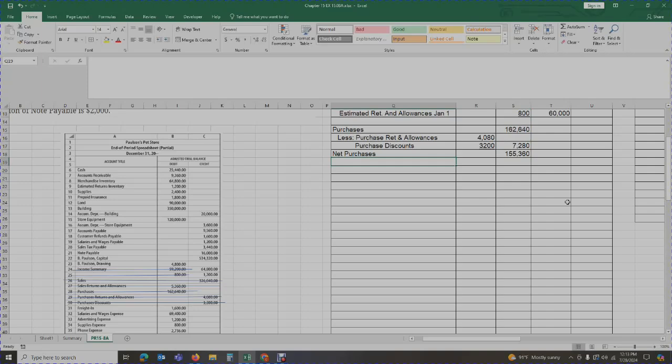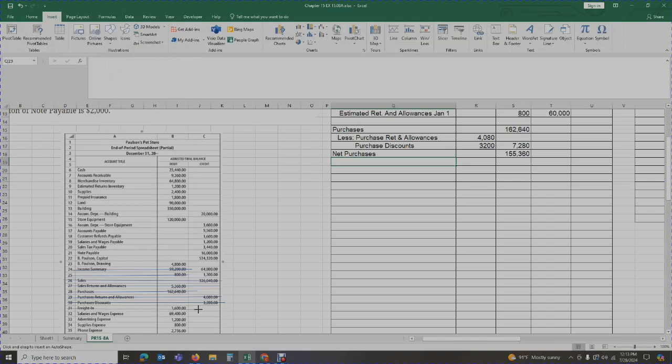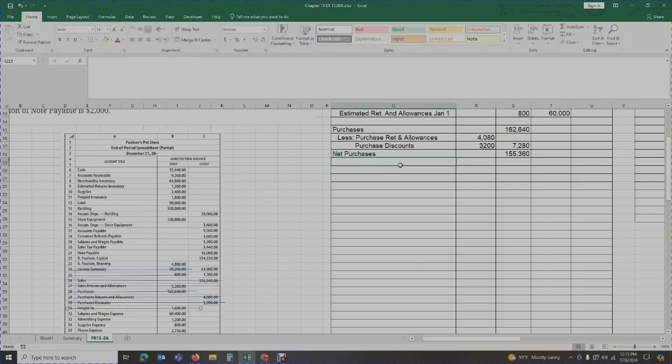Now, when you made those purchases, you also had to pay for some freight to transport the goods. So we have freight of $1,600. We're going to add the freight, those $1,600, and now we can calculate the cost of goods purchased.